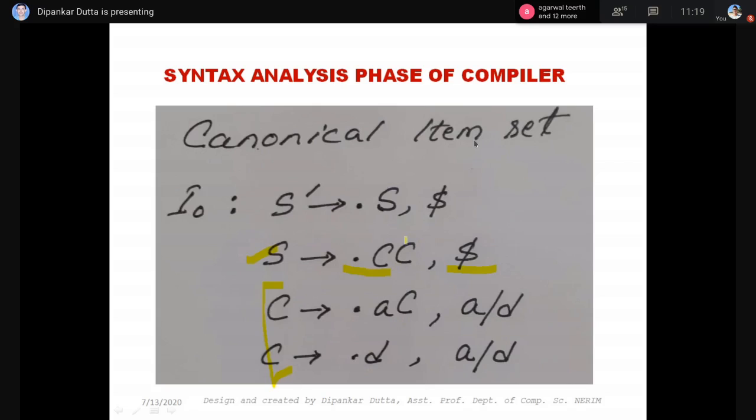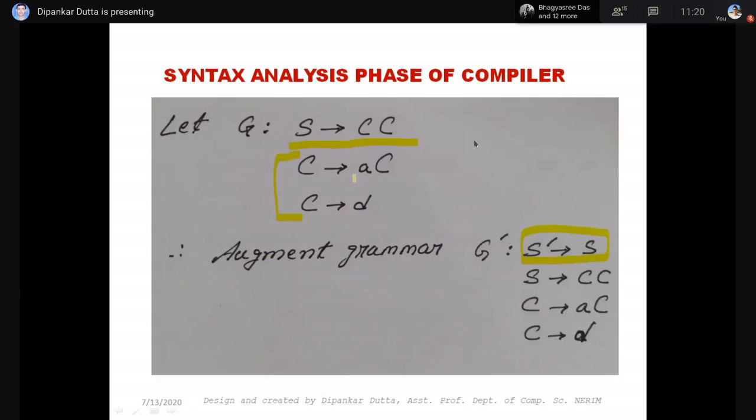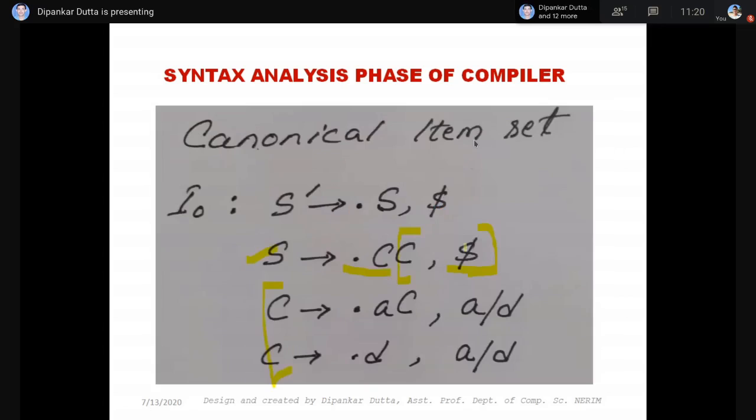What is the beta here? C dollar. So what is the first of capital C? We have already discussed: small c and small d. First of C means c and d. So add c and d as lookahead symbols for these two closure items.